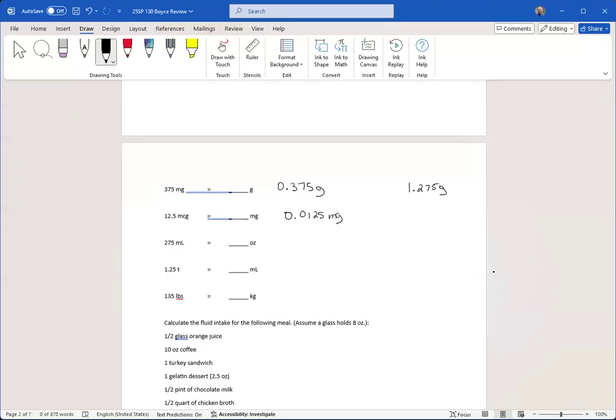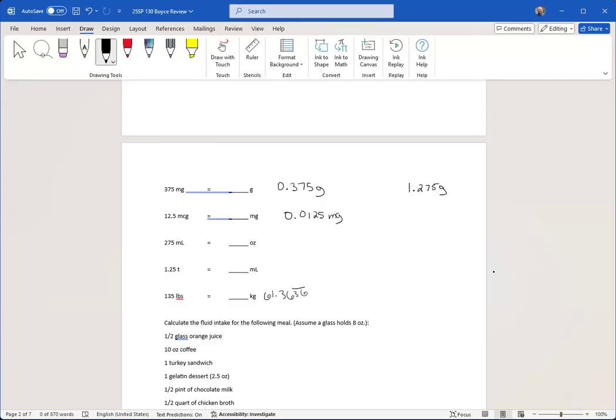This one, though, if I take my 135 pounds and divide it by 2.2, I'm going to get 61.3636 repeating, right? So I do want to round this number.